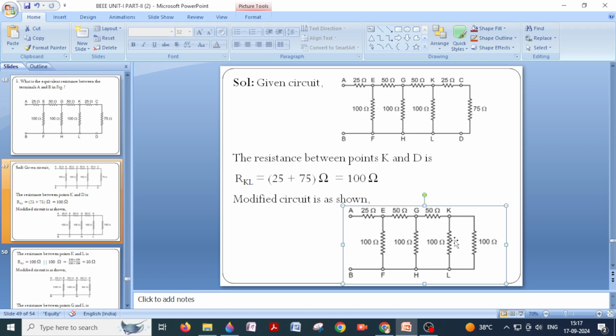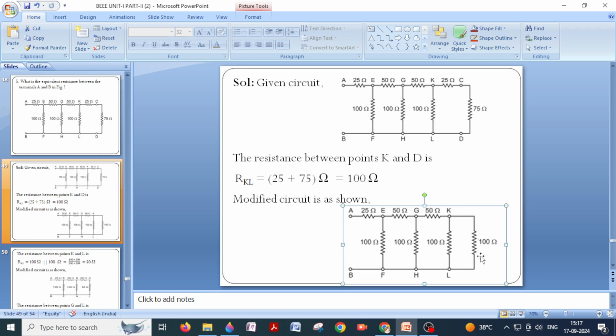Based on the theory that I have already discussed, this 100 ohms and this 100 ohms have their front end points connected at a common point, and their back end points connected at a common point. So these two resistors are said to be in parallel. If current enters at node K, it will divide into two parts.